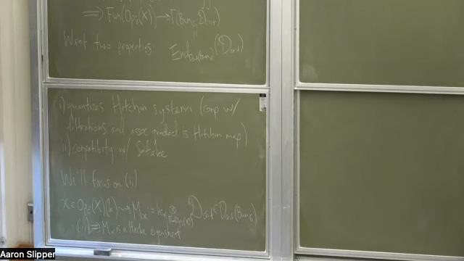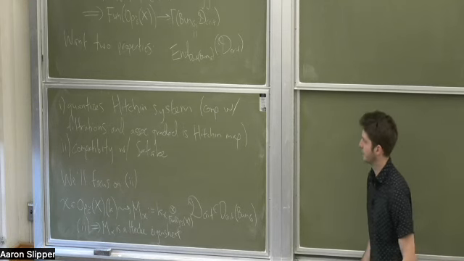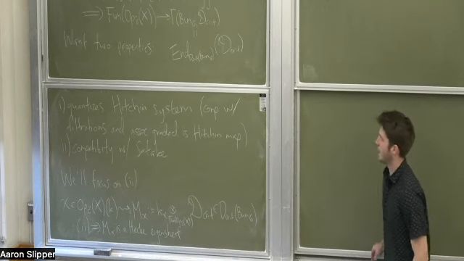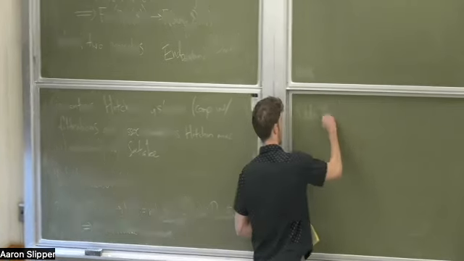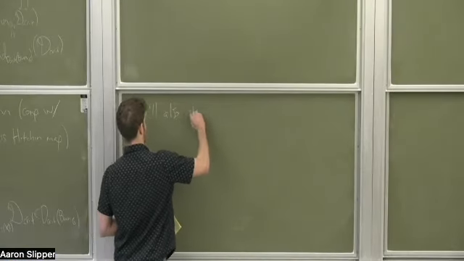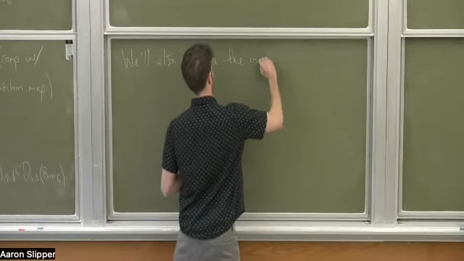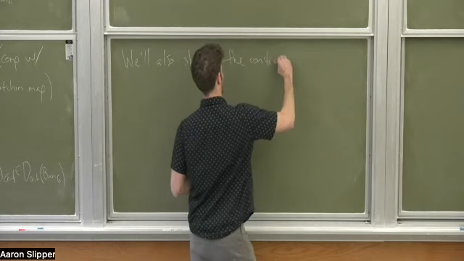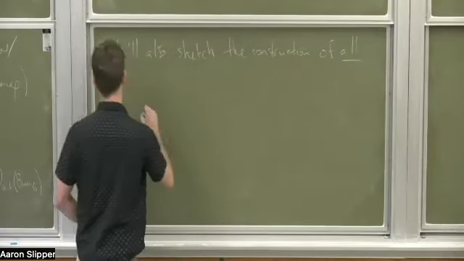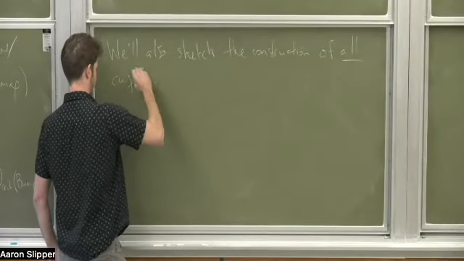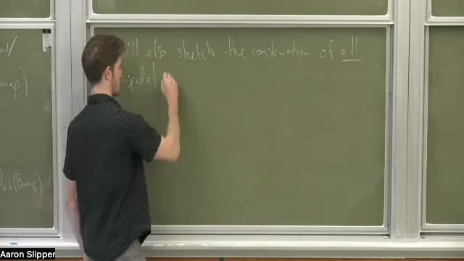Then, with whatever time we have at the end, also a construction of all cuspidal Hecke eigensheaves, including those whose eigenvalue local system doesn't necessarily admit a global oper structure.